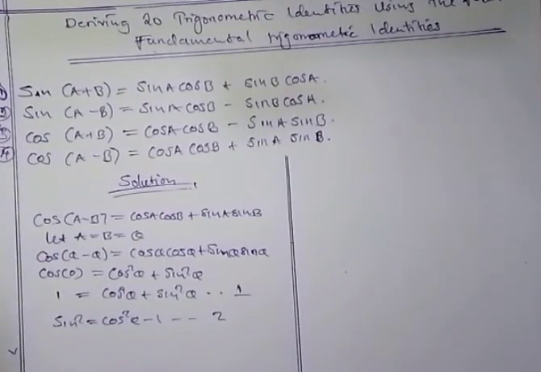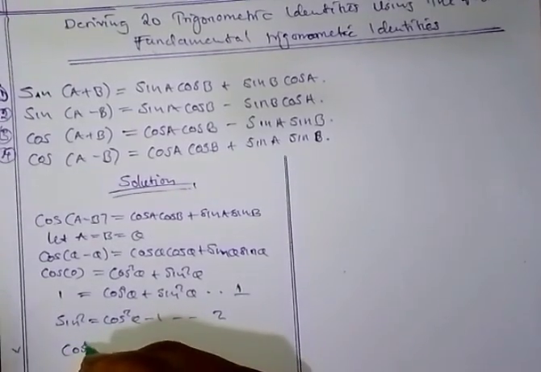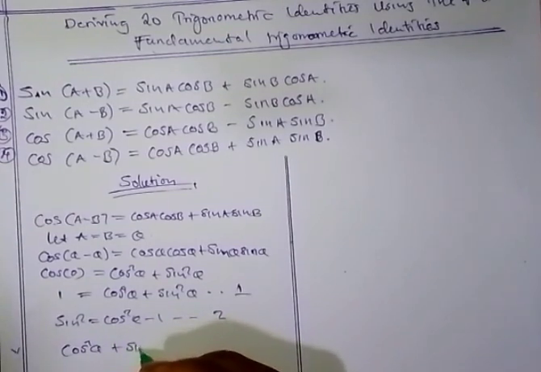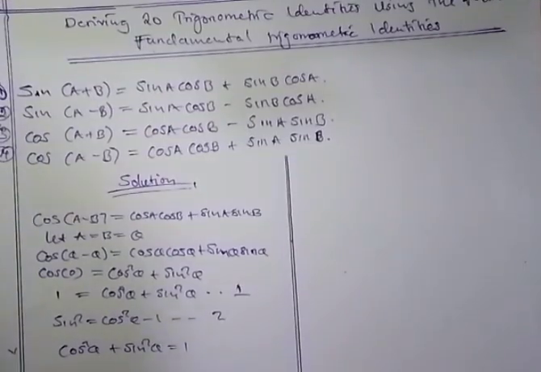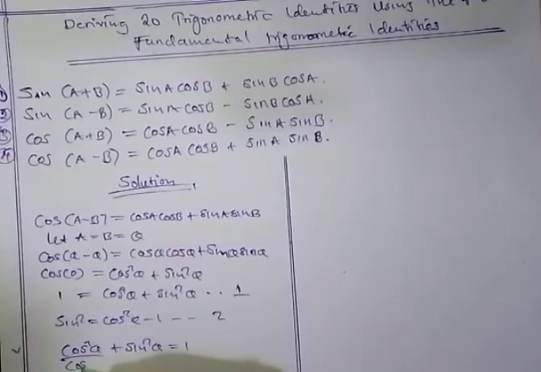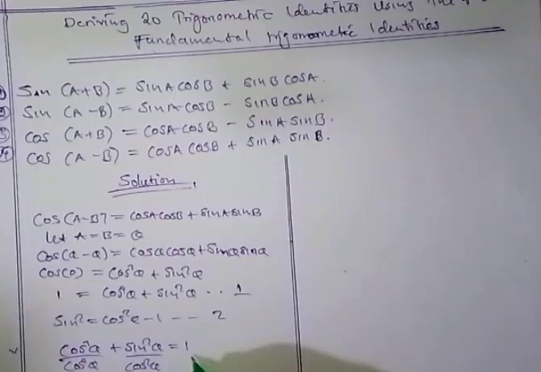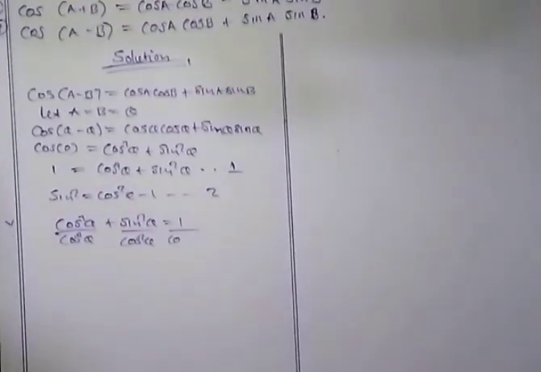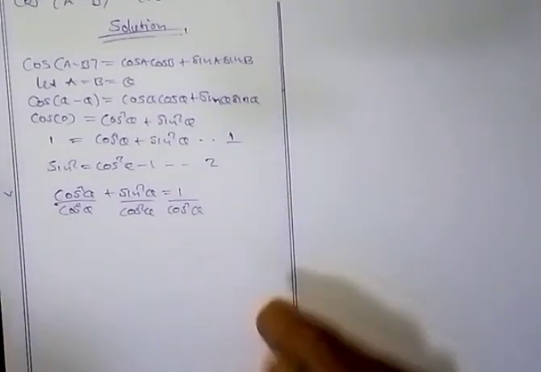Then we can divide through from cos square plus sin square is equal to 1. So we're going to say cos square theta plus sin square theta is equal to 1. We are going to divide through by cos square theta.